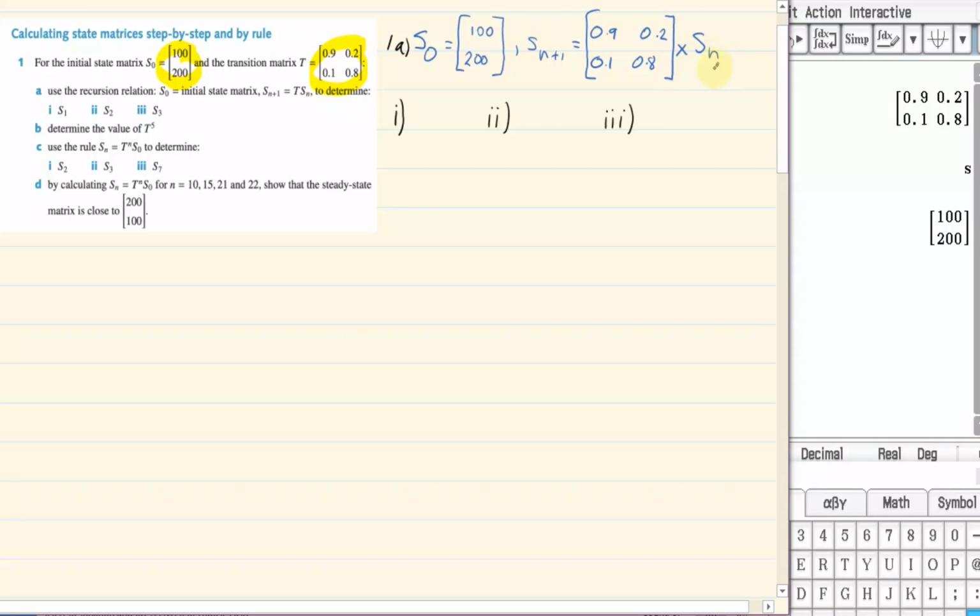We don't need to replace Sn because that is whatever the current state is. The current state at the moment is S0.